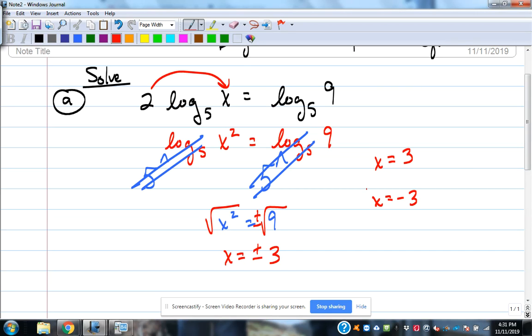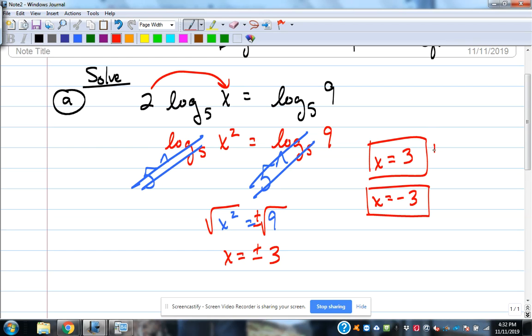What kind of numbers can we take the log of? Positive numbers. So if I go back to the original problem, I've got to make sure I'm taking the log of a positive number. If I plug in positive 3, 2 log base 5 of 3, it's not a pretty number, it's a decimal, but it is a positive number inside of the log.